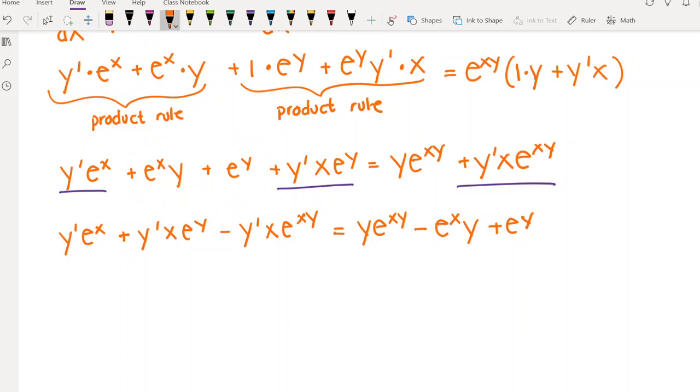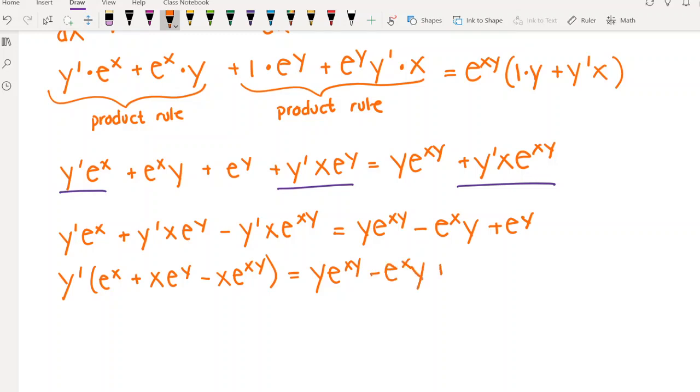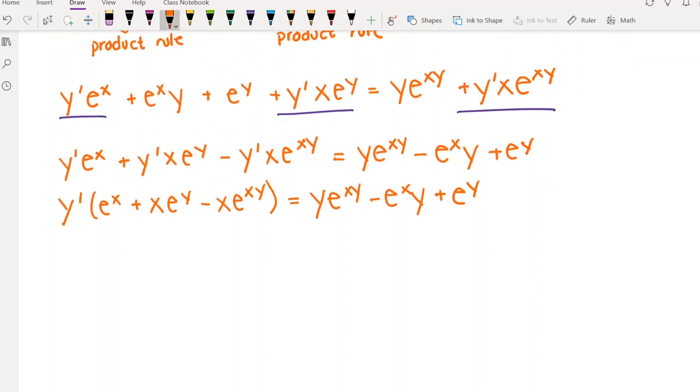Okay. Finally, we can factor out y prime, and so we have e to the x plus x e to the y minus x e to the xy. And same stuff still on the right-hand side. I hope I didn't make any mistakes. I feel like everything kind of looks the same in this problem, so definitely easy to get confused on this one.